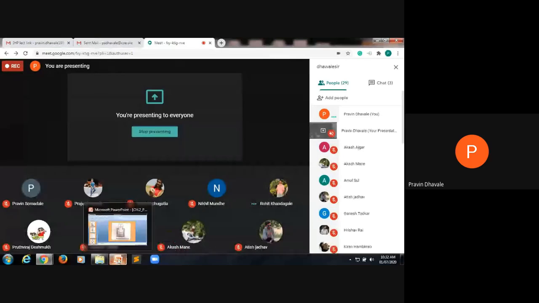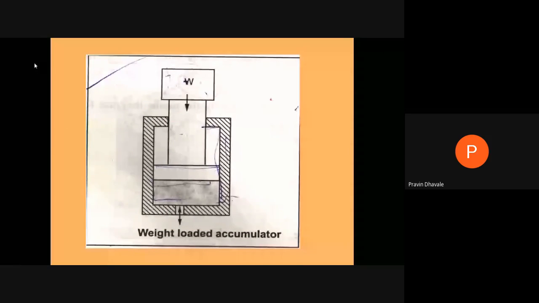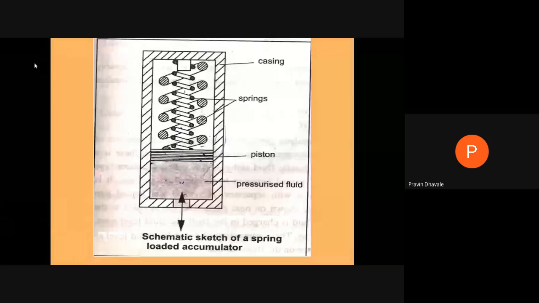Okay. Now we'll move forward to the next type of accumulator, that is the spring loaded accumulator. Here, what change have we made between the weight loaded accumulator and the spring loaded accumulator? What difference are we observing?